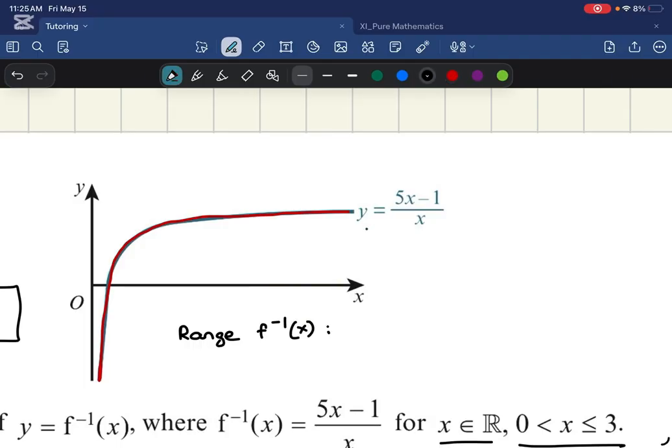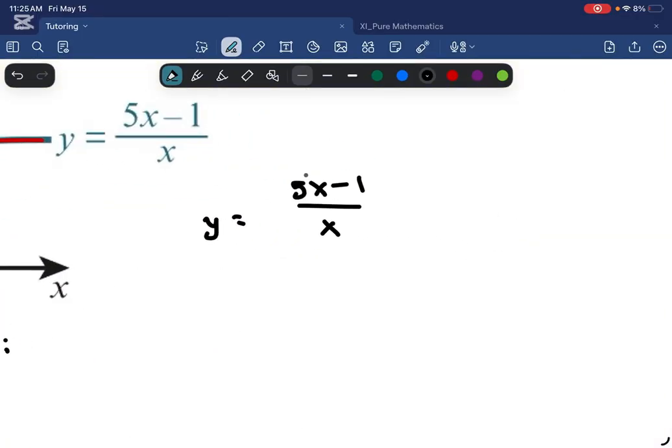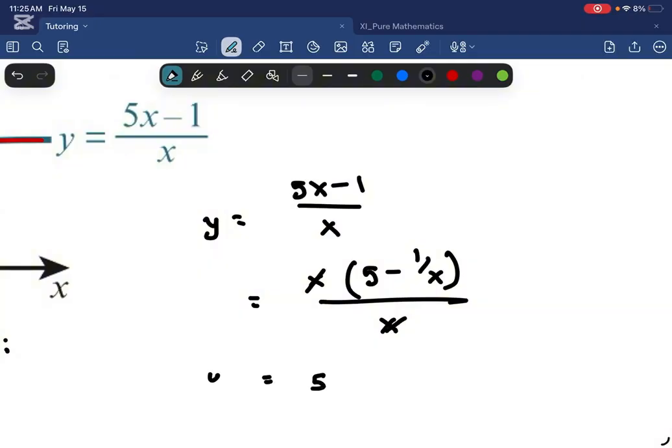So now let's look at this equation. y is equal to 5x minus 1 divided by x. And from the numerator, let me factor out x. So I have 5 minus 1 over x, divided by x, right? I just factored out the x. And now because I am looking at non-zero values of x, I can cancel these out. So I have y is equal to 5 minus 1 over x.